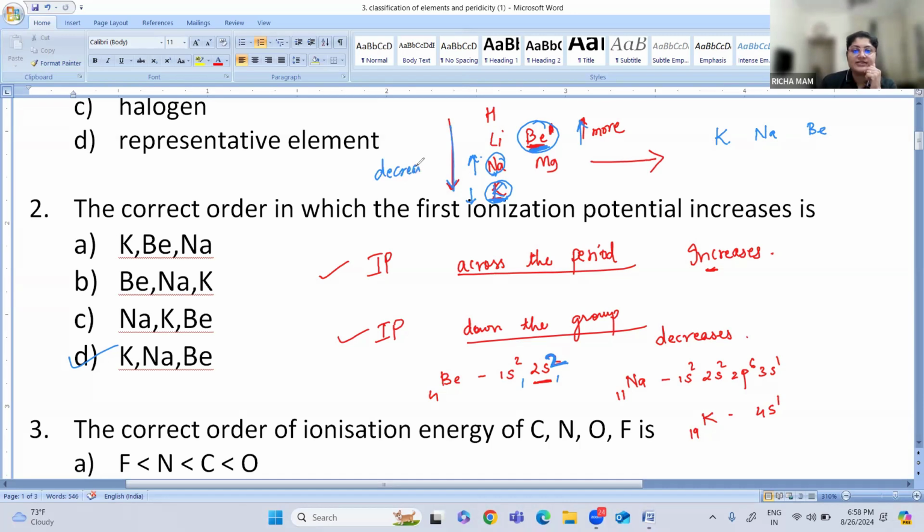So sodium ionization potential will be more as compared to potassium. So first will be potassium, then sodium, and then beryllium. Beryllium will be highest, then sodium, and potassium will be the least. So option number D is the answer.